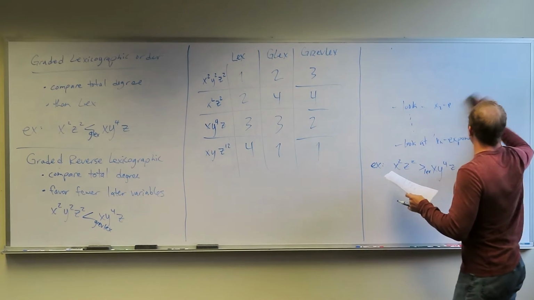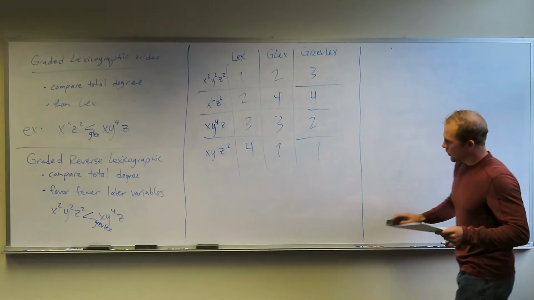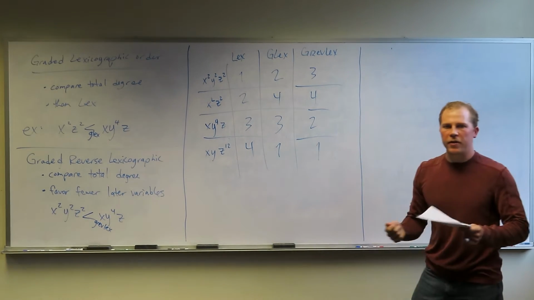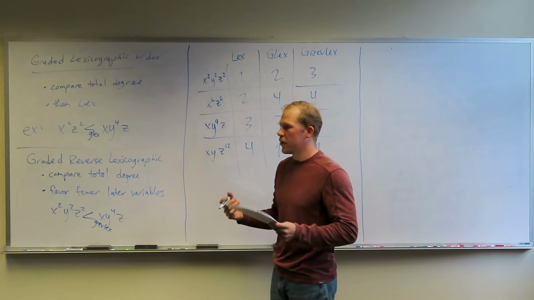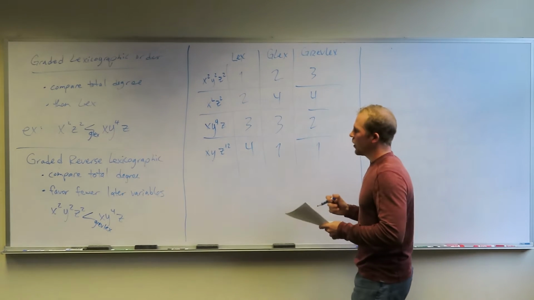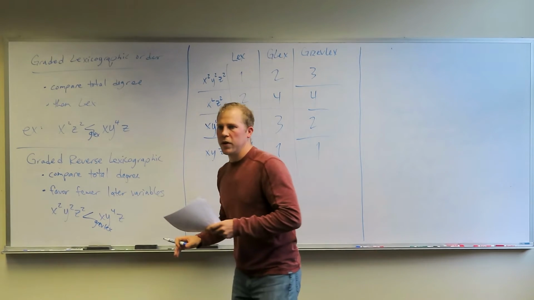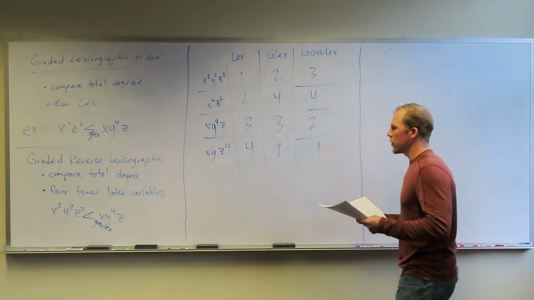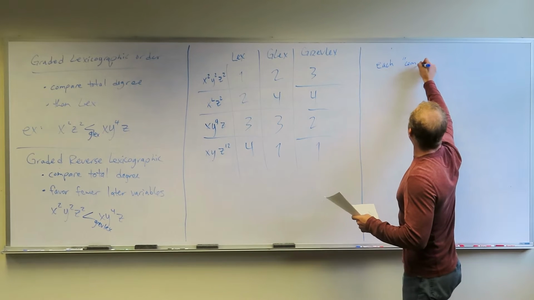One thing I want to mention here is that I have not really defined what these orders are in a lot of words, right? I've kind of just told you how to compare monomials using them. I just want to emphasize that each of these steps, let's call it a comparison step, can actually be encoded with a dot product.